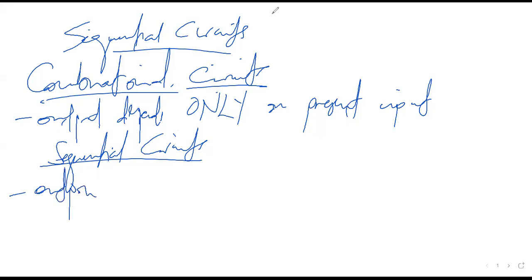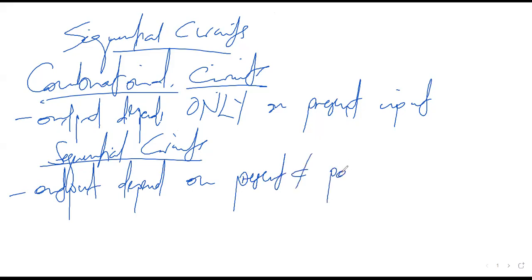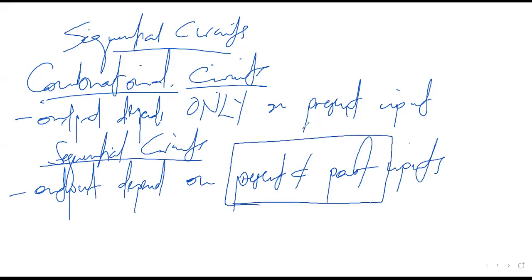So the output depends on present and past inputs. The difference being here, present and past, here we have present only.